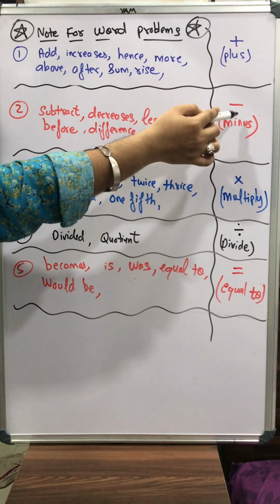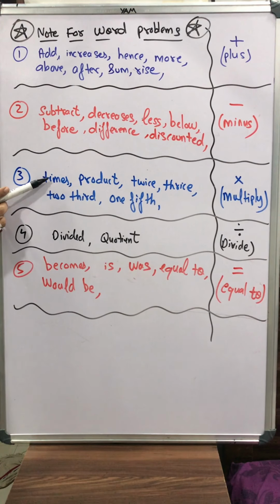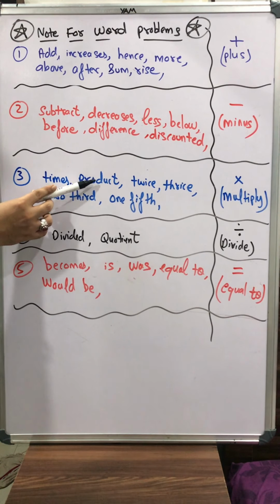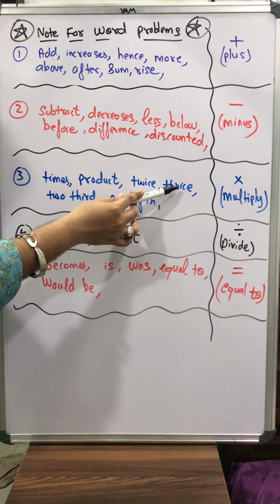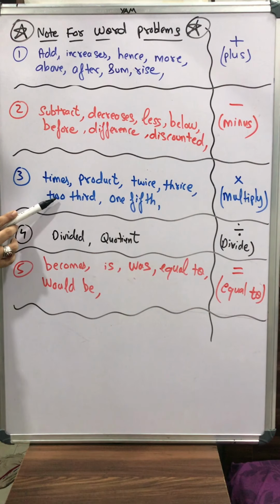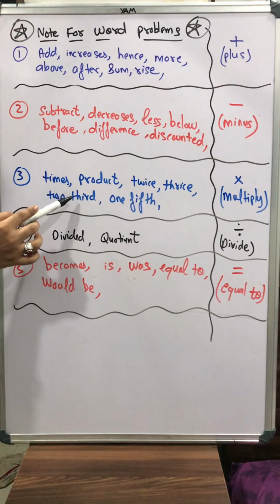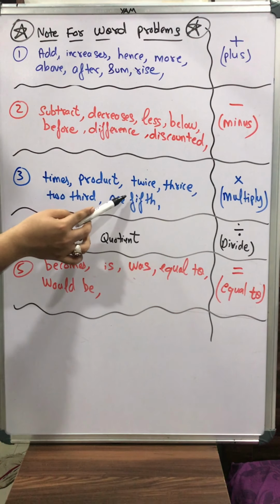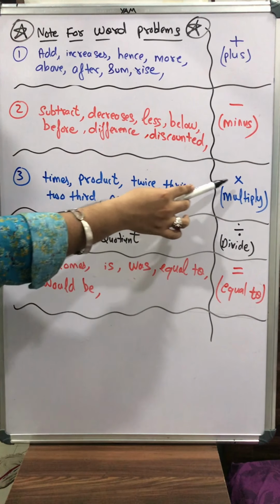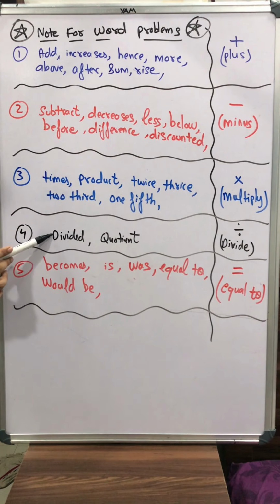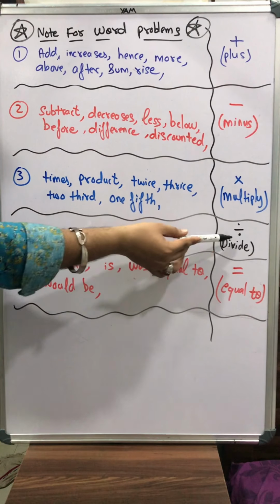These words mean minus. Times, product. If twice comes, twice means 2 multiplied by. If thrice comes, it means 3 multiplied by. 2/3 means 2 upon 3 multiplied by. 1/5 means 1 upon 5 multiplied by. Divided or quotient means division.